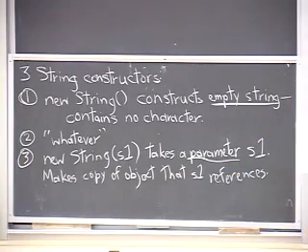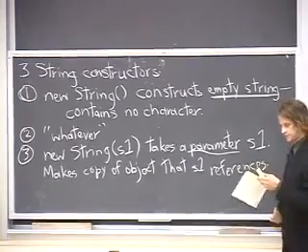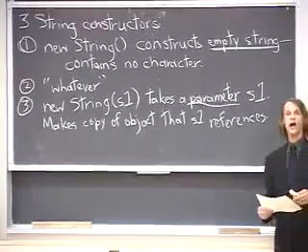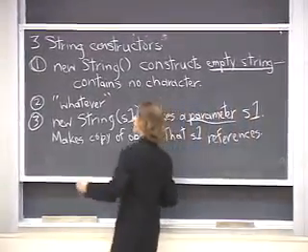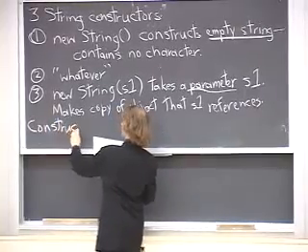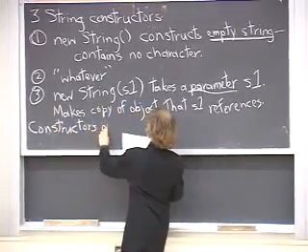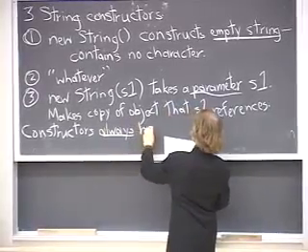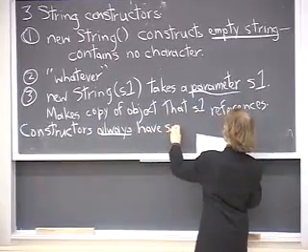By the way, not all objects behave this way, just strings do. So those are the three constructors so far, and I want to make a more general point, which applies to all classes of objects and not just string, which is that constructors always have the same name as their class.